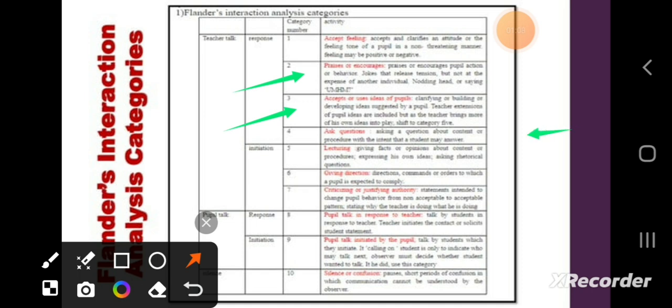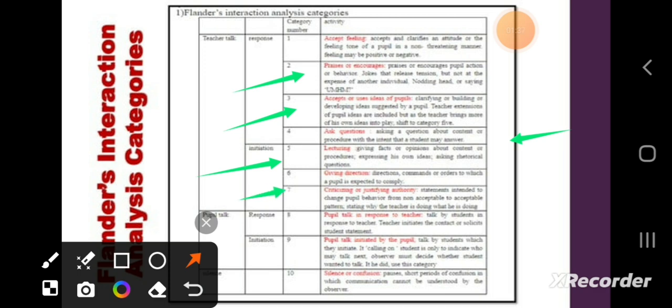Number 4, asking questions. Activity. The teacher asks questions related to procedure or content, aiming to engage students and stimulate their thinking. Next, initiation. Number 5, lecturing. Activity. The teacher provides explanation, facts or content related to the lesson. This includes delivering information and discussing concepts in detail.